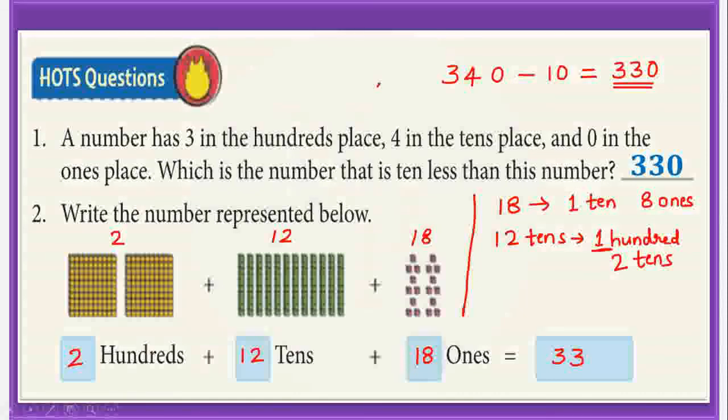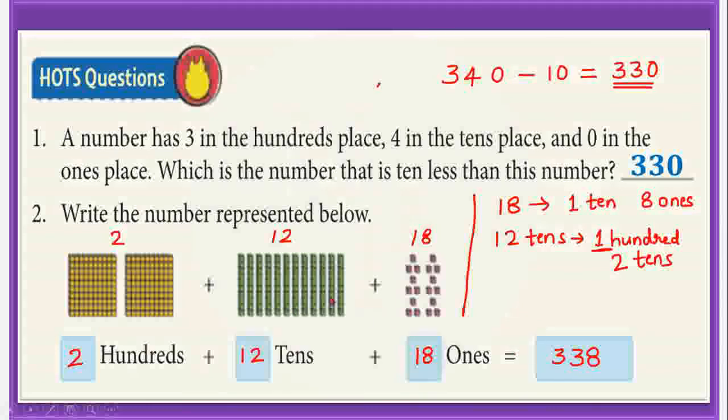And after sending this ten to the tens place, there are 8 ones remaining in the ones place. So the number will be 338. So like this, you have to understand the regrouping, and you have to write the required number here.